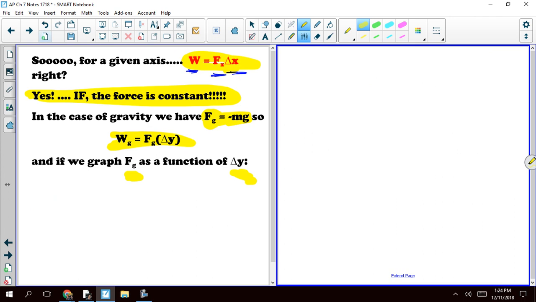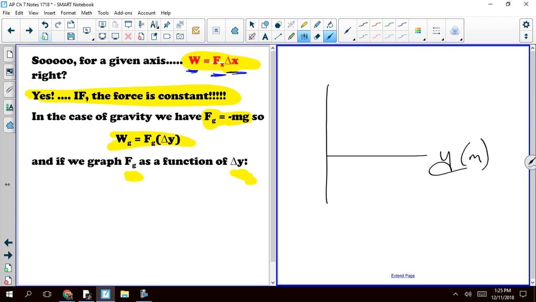Let's give ourselves some axes. The idea is we want to make a graph that shows us, as a function of our vertical position measured in meters, what our force of gravity is. Well, our force of gravity is constant, right? It's just negative mg.